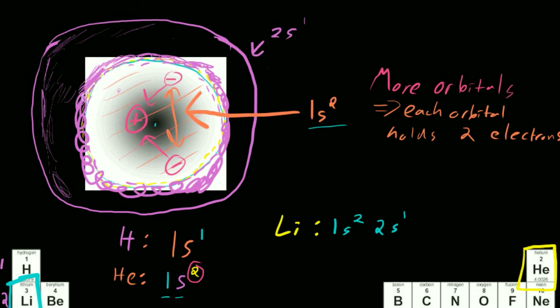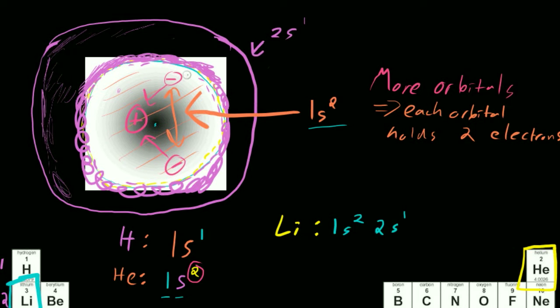But you should always remember that these orbitals are probability functions, that they are the likelihood of being able to find an electron in a certain area. And essentially what is keeping the electrons around the nucleus is the positive charge in the nucleus.